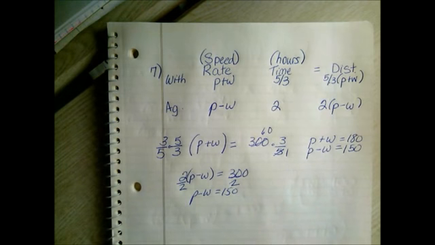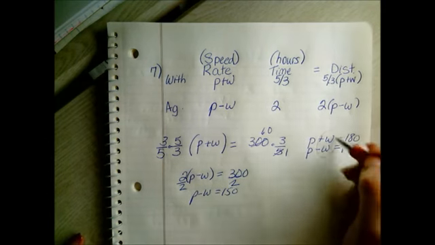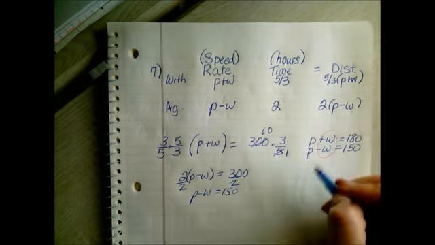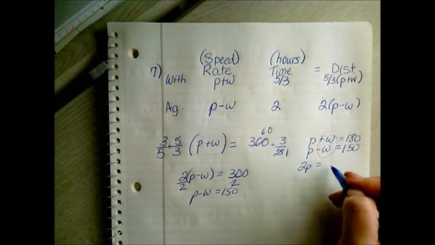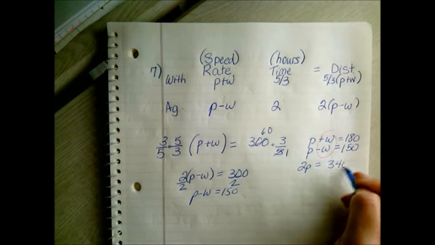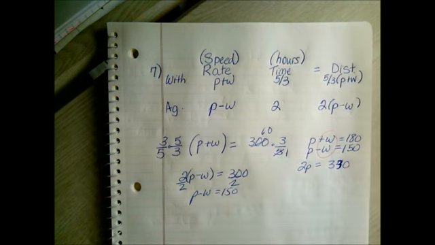Alright. We've got a nice cancellation already ready to go. And you should end up with 2P equals 330, thank you. There we go.